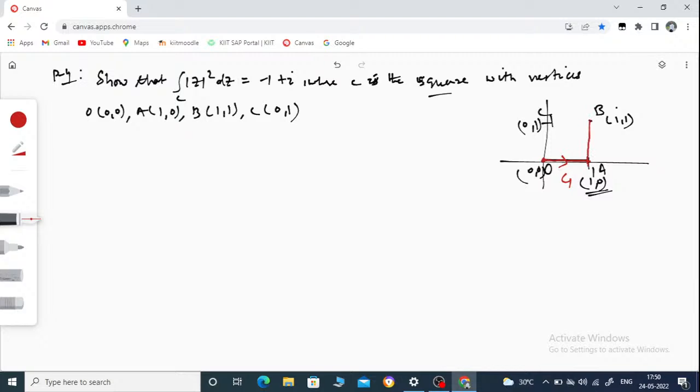Then this is curve C2, the line segment which joins A to B. Then this is your C3, then your C4. C1 joins O to A, so C1 is the line segment OA.